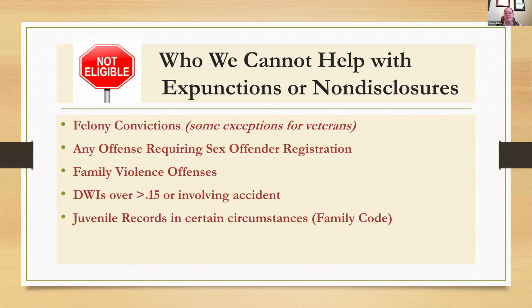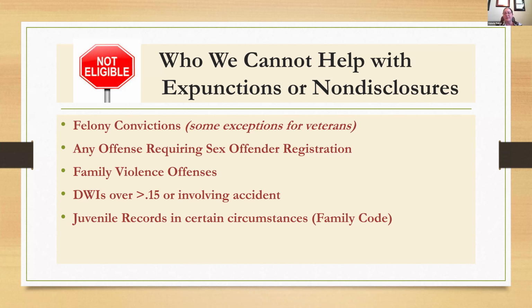Any offense requiring a sex offender registration. So if it's indecency with a child or continuous sexual abuse of a child or something like that, if it requires sex offender registration, you are not eligible for an expunction or non-disclosure. It is forbidden by the law. Unfortunately, also family violence offenses.